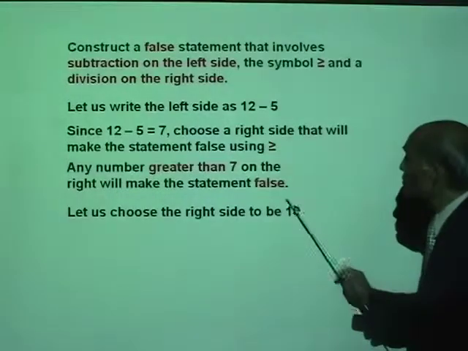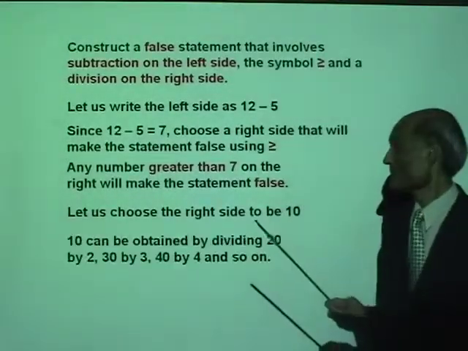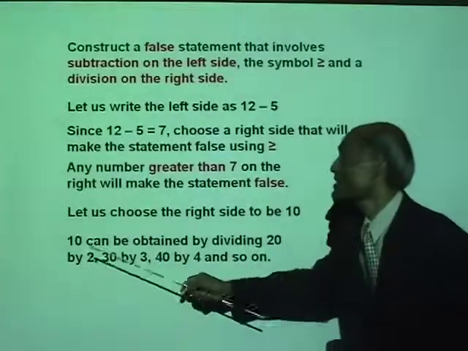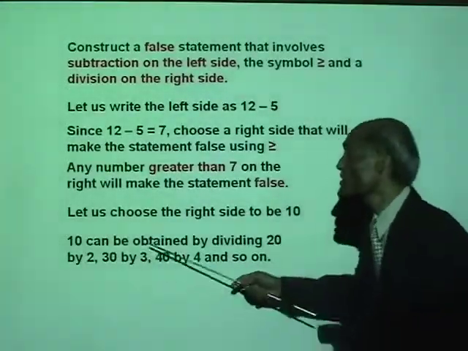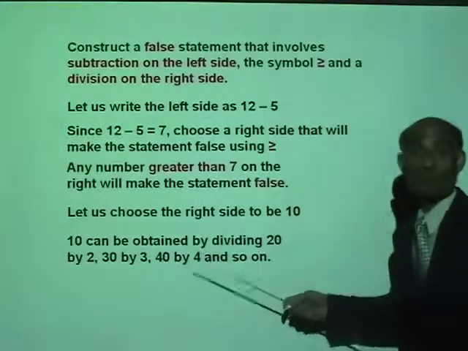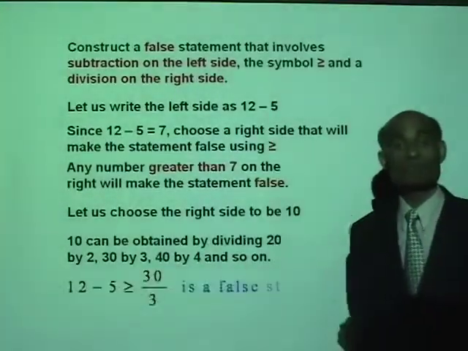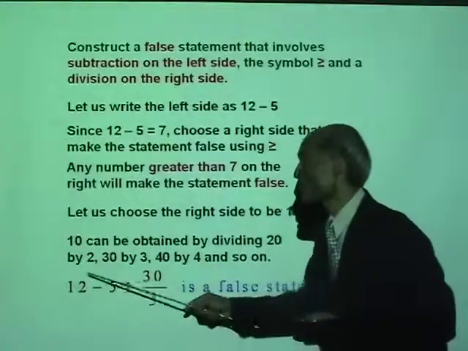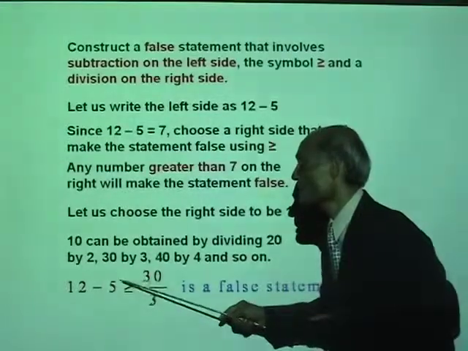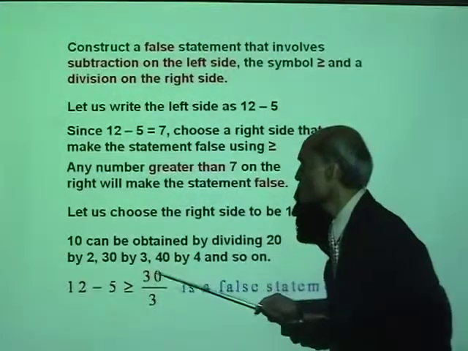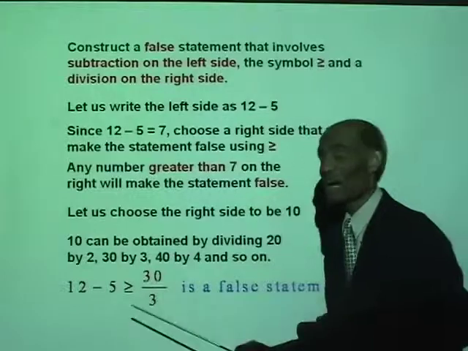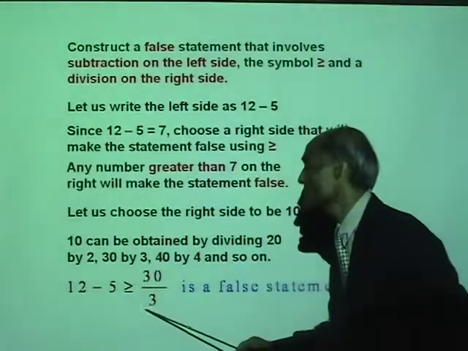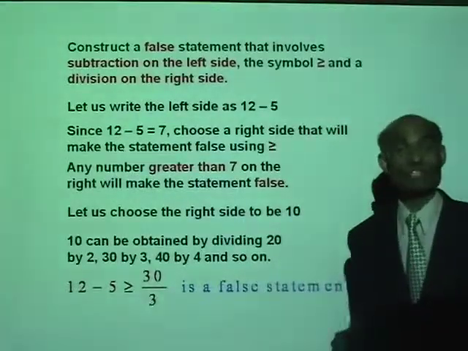Let's choose the number to be 10. So 10 can be obtained by dividing 20 by 2, or 30 by 3, or 40 by 4. You can have any number of statements that will do that. So look at the false statement we have made. 12 minus 5 greater than or equal to 30 over 3. That statement, 7 greater than or equal to 10, is a false statement.